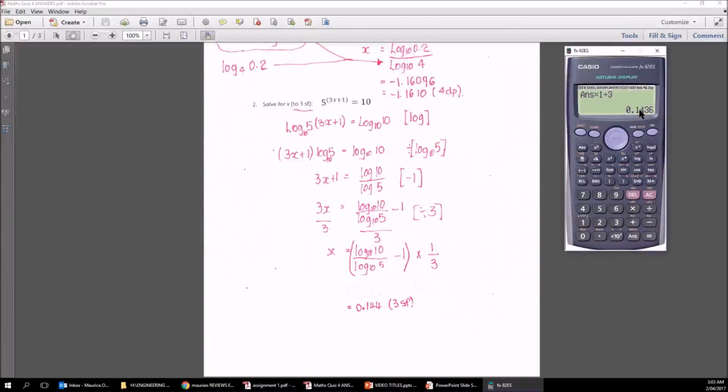So the first significant figure is the 1, the second one is the 4, and then this is the third one here, and we're going to round to that. So we can go shift setup, fix. I don't know whether we can do significant figures with this. Fix, which is 6, and then we'll go to 3, and oops, not divided by 3.